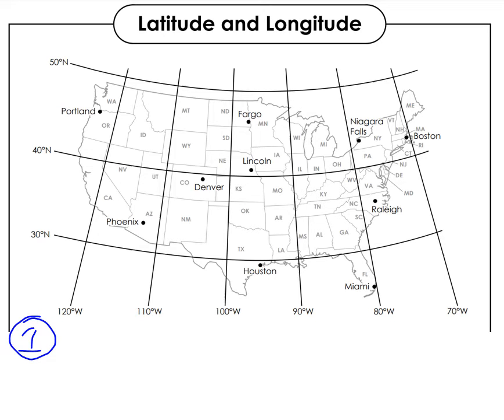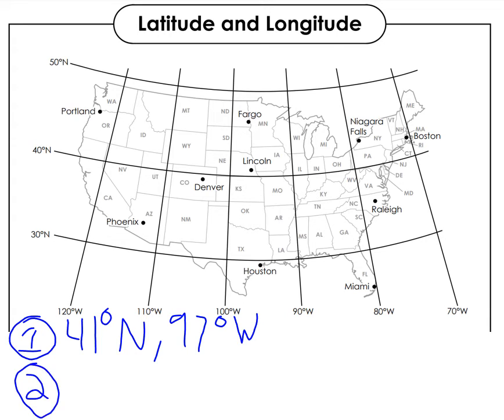you need to figure out what city I am talking about if I am saying it is at 41 degrees north and 97 degrees west. For number 2, you also need to figure out what city I am talking about if I am saying that it is at 29 degrees north and 95 degrees west.